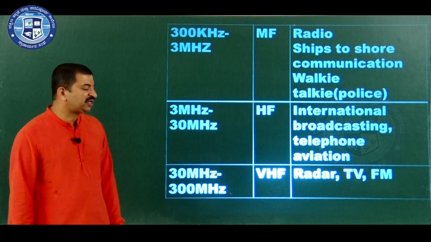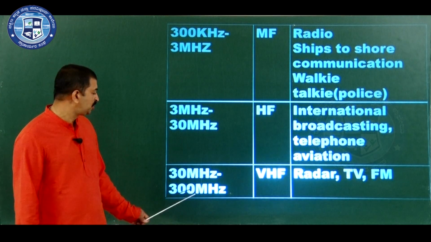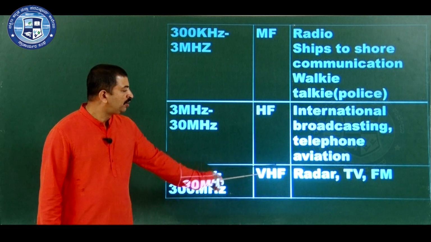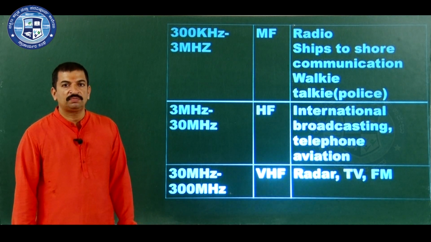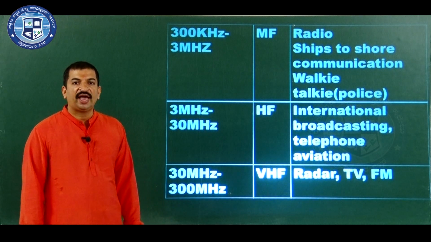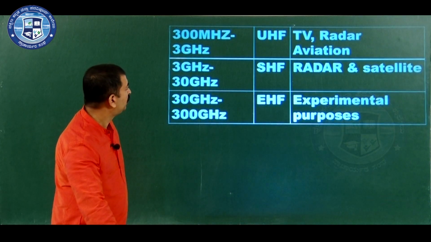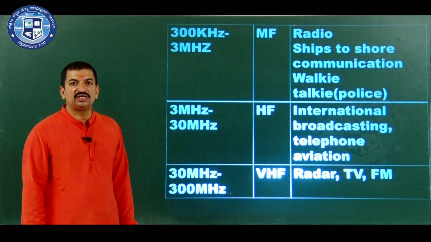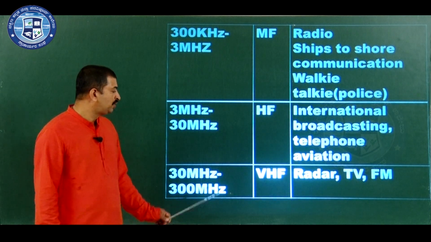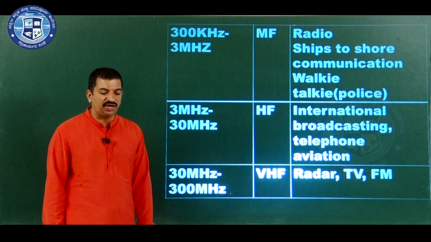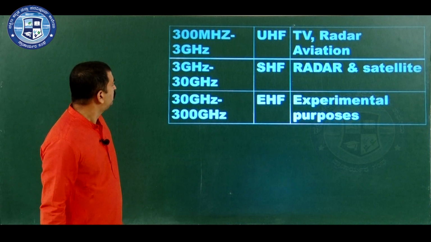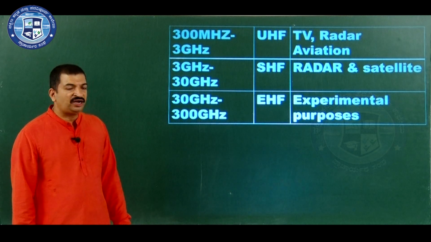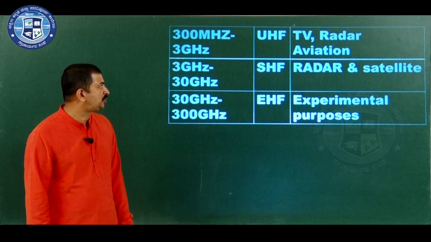The next is the VHF band, very high frequency signals, 30 megahertz to 300 megahertz. These are used for radar signal transmission, TV signal transmission, FM signal transmission, etc. The next is UHF, ultra high frequency signal, 300 megahertz to 3 gigahertz.